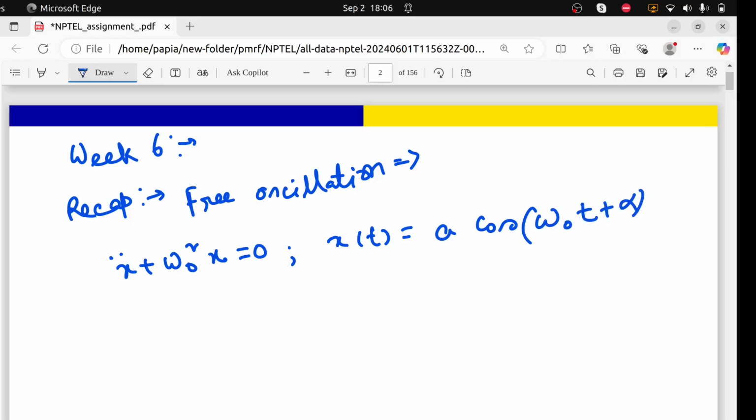I want to use exactly the same notation sir used in his lecture, so that there is continuity and no confusion.